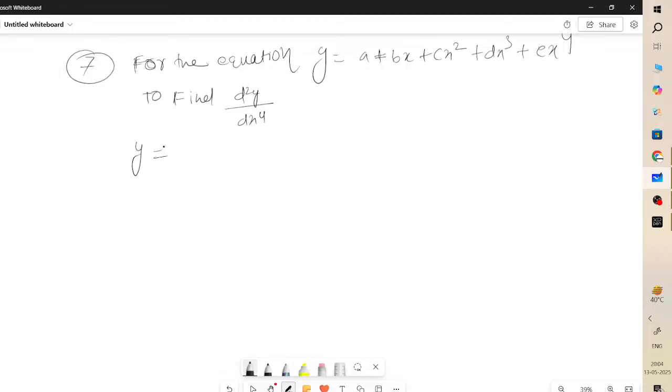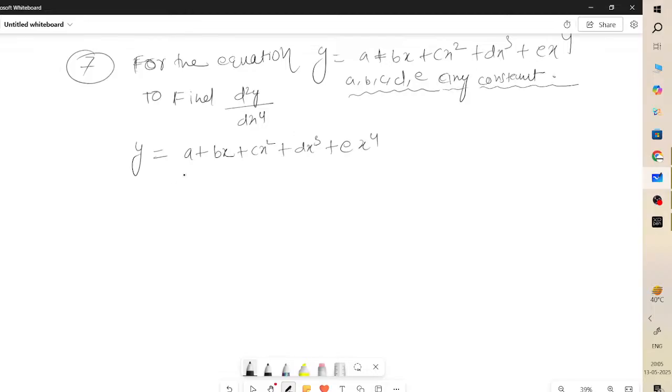So we have given y equals a plus bx plus cx square plus dx cube plus ex to the power 4, where a, b, c, d, e are constants.